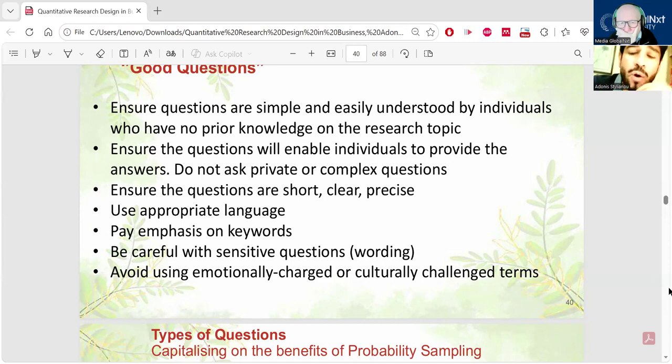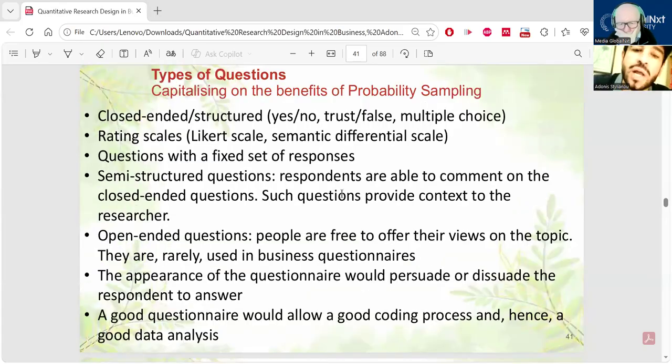So all of those are really still important, particularly introducing semi-structured questions nowadays, because we do need people to choose in a structured way, tick a box, but we also need them to tell us why. So the context is important.